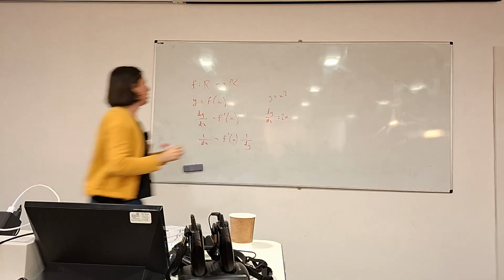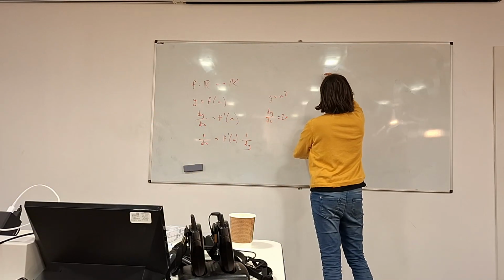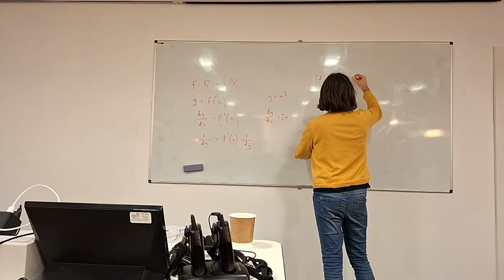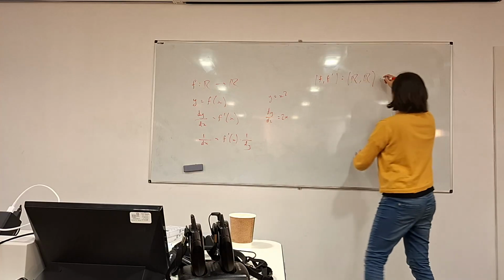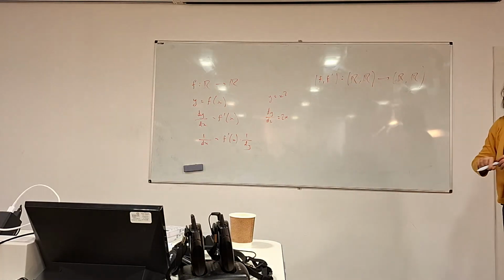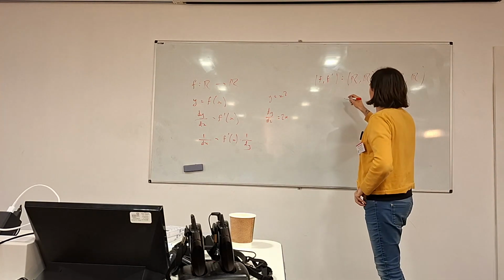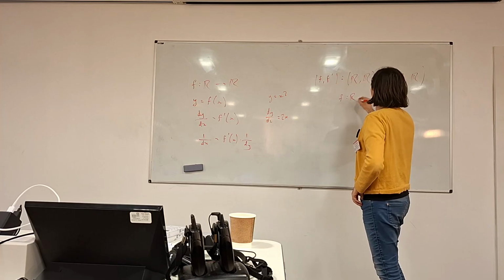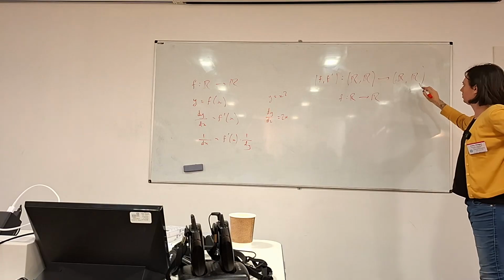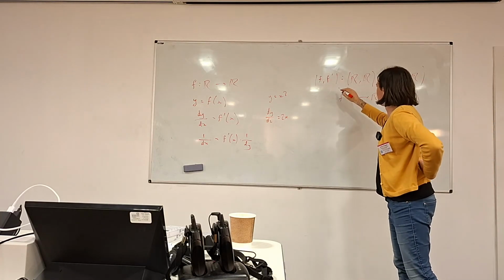So what I can do is make a lens from R to R. In the forwards part, we need a function from R to R. That's going to be f. So f goes from R to R, and in the backwards part, I should not have called this f prime.